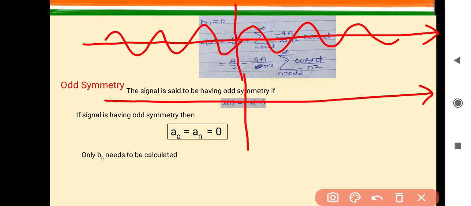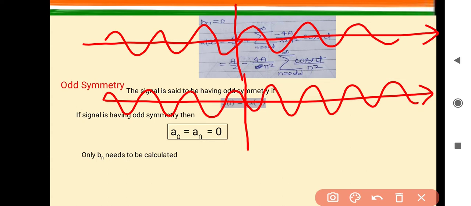So I will take the mirror image, it will look like this, and here it will look like this. It is reversal about the y axis.